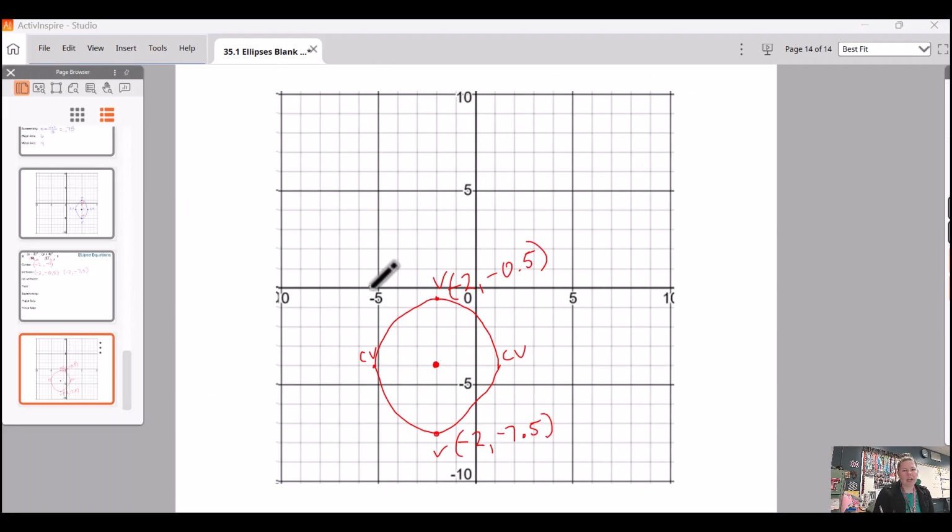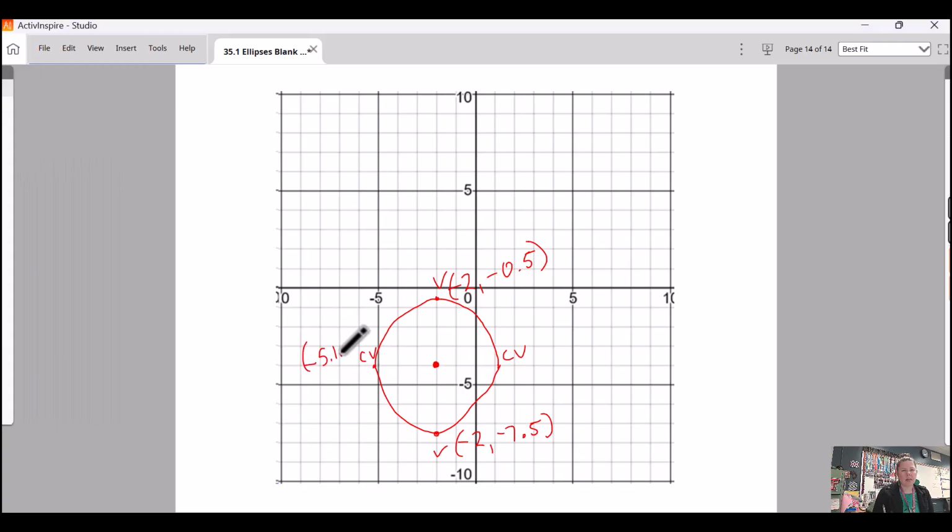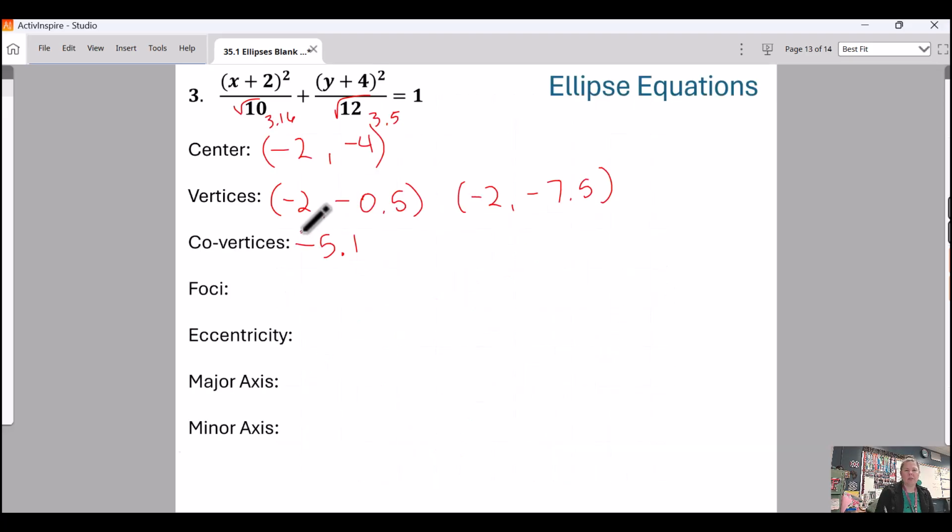So our co-vertices are at -5.16, -4, and 1.16, -4, or 5.2, something like that. So we're just adding and subtracting this one. So it's changing the x value on this one.